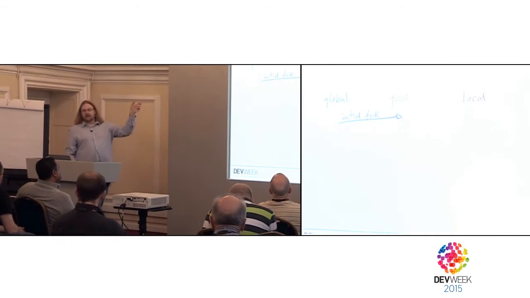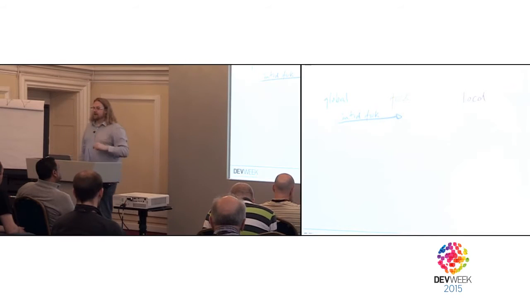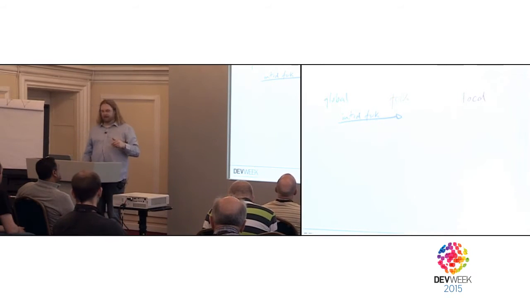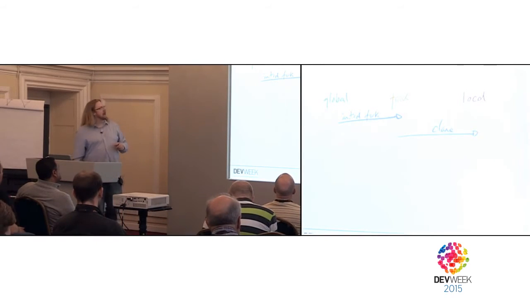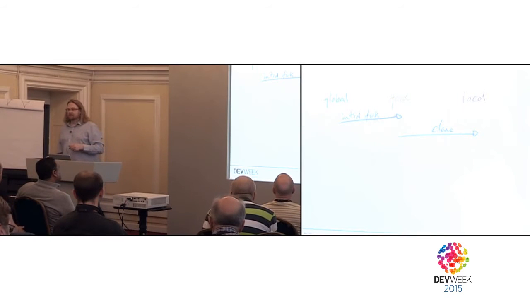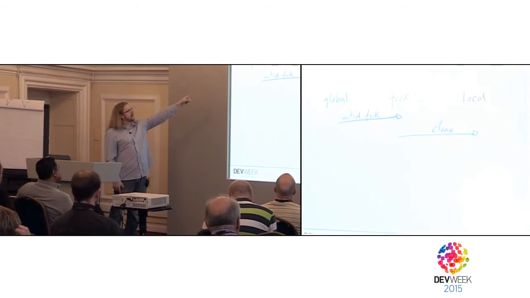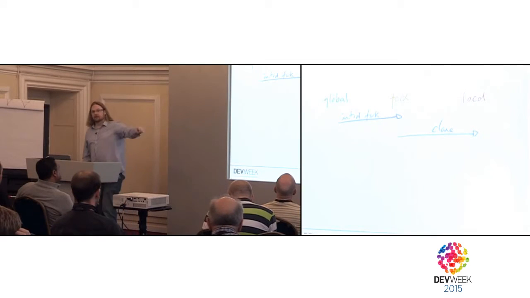Each developer has their own personal fork of that API, and then they clone that personal fork to local. So the version they're working on is in the right-hand column. It started from global, been forked, and is now on local.